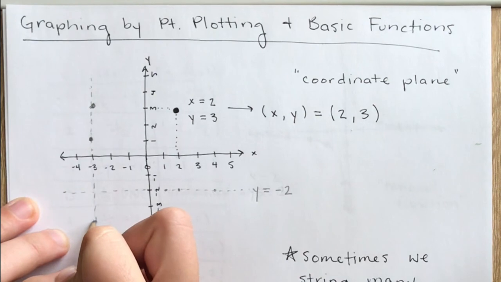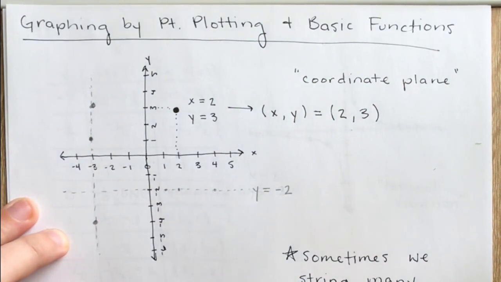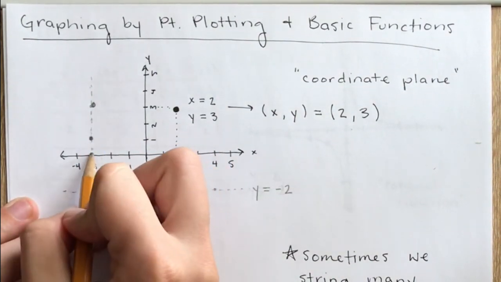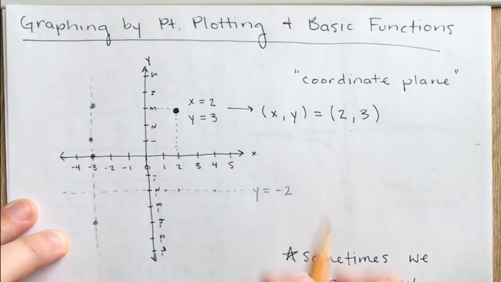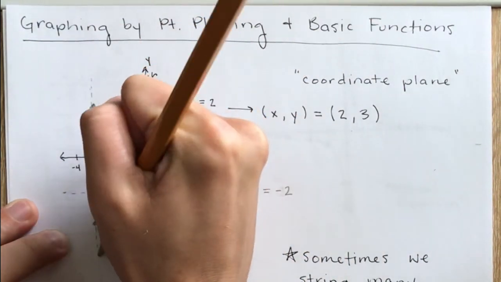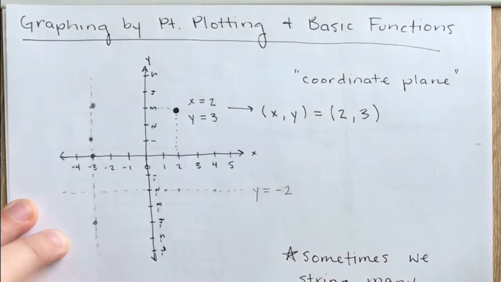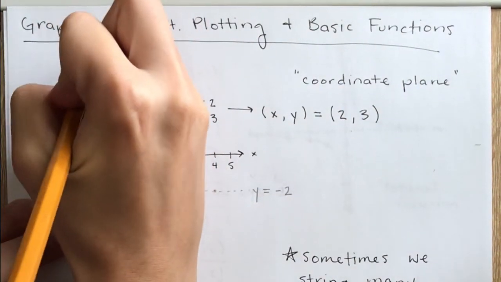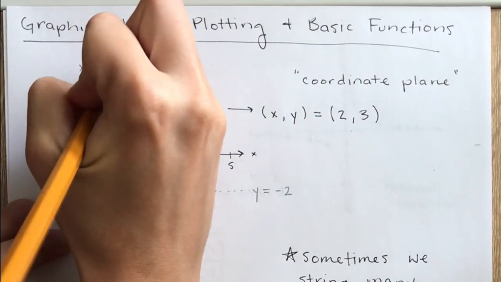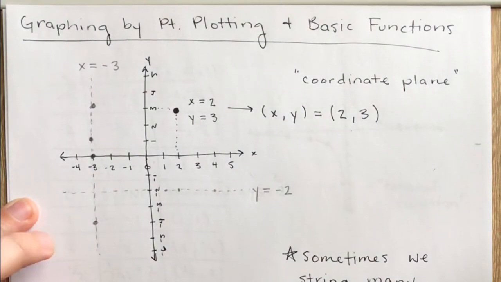This point is (-3, -4). This point is (-3, 0). Every point on this line has x equals -3. And these are all of the points in the coordinate plane where x is -3.